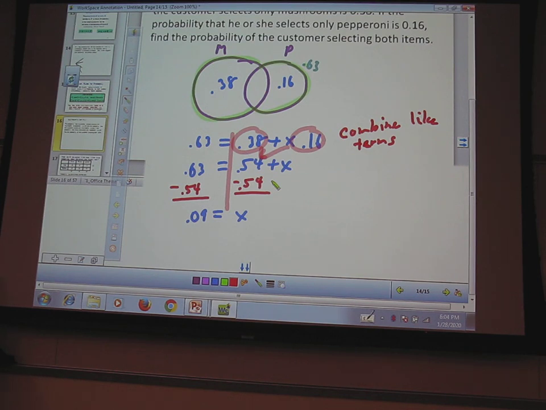The complement of mushrooms and pepperoni would be not mushrooms and pepperoni. Gosh. Yeah, that gets messy. That would be not both mushrooms and pepperoni. Yeah, let's not go there. That gets into logic, and that's a whole big giant mess. So let's just not worry about it.